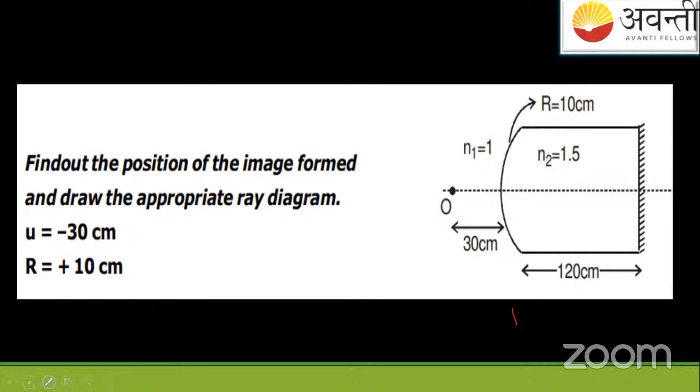So now students, this question in front of you is based on a combination of, see, earlier we have solved questions which were based on combinations of concave mirror and plane mirror, concave and convex mirrors. But now this picture is different. Now we're using combinations of refracting and reflecting mirrors. Okay, combinations of reflecting and refracting.